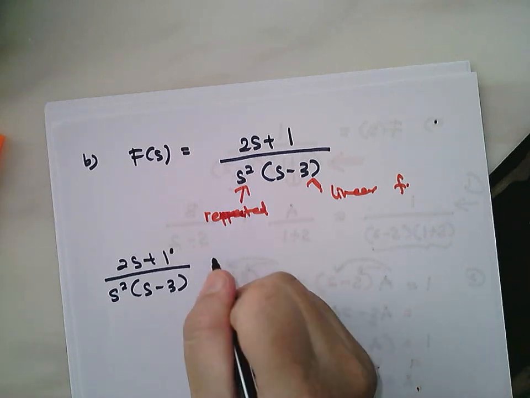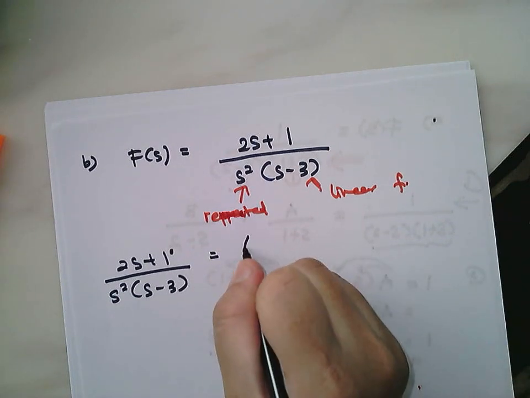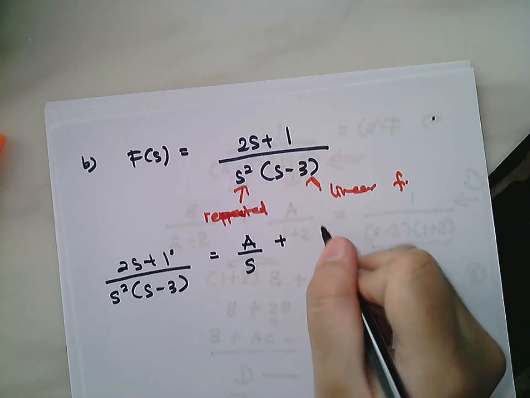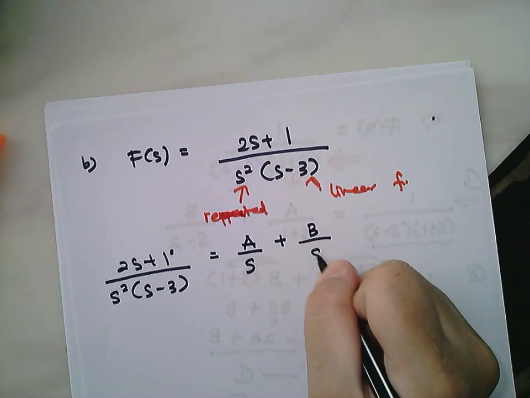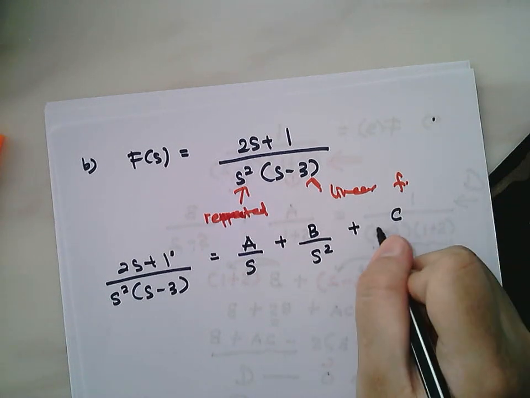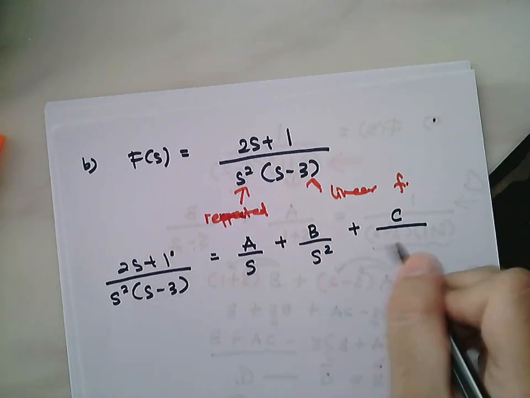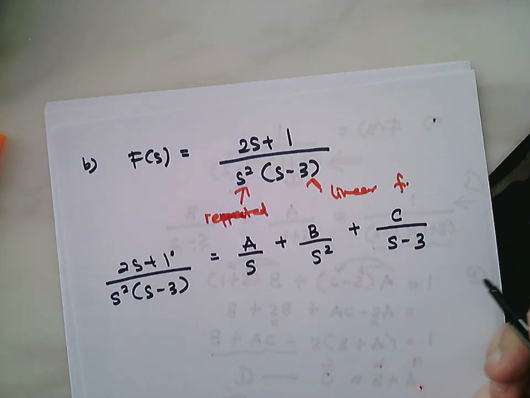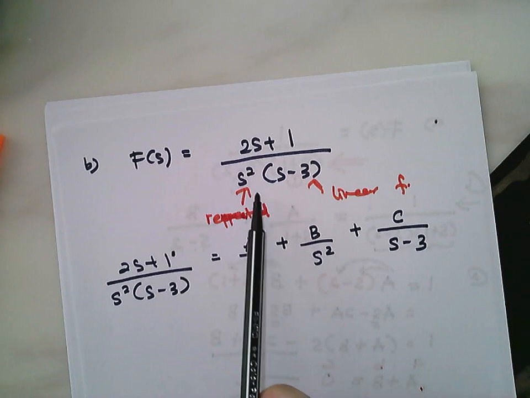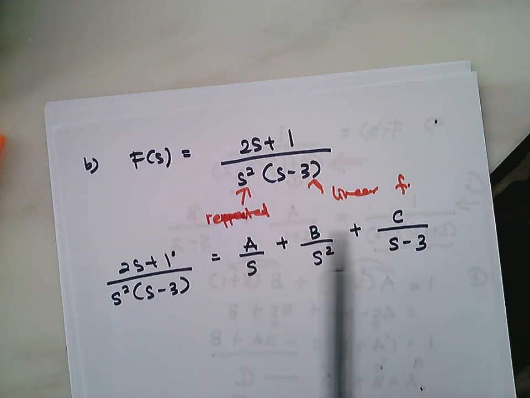So therefore, your partial fraction will be a over s plus b over s squared plus c over s minus 3. So instead of finding the inverse of this one, now you just have to find the inverse of this function.